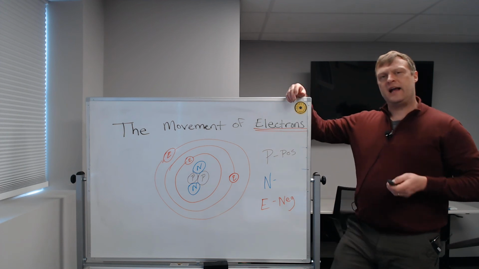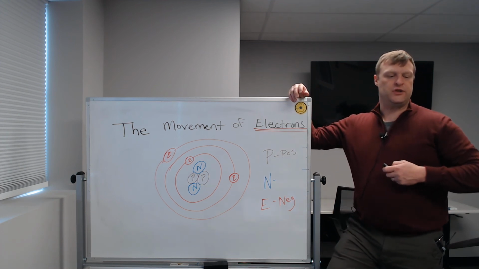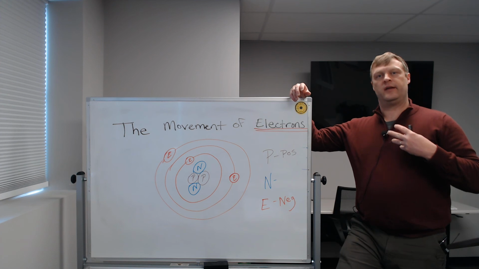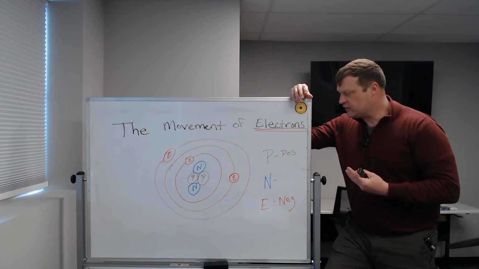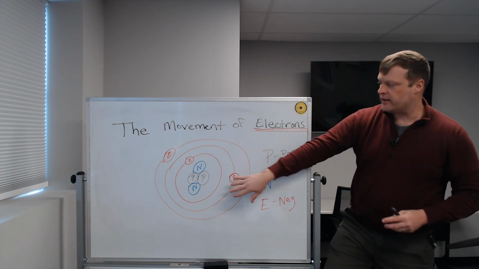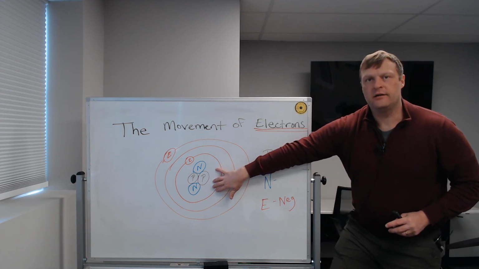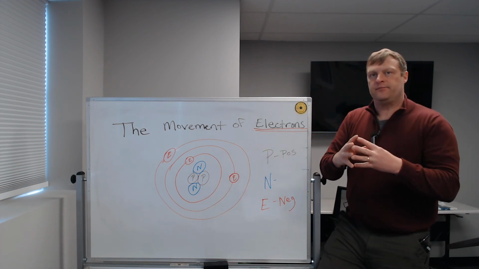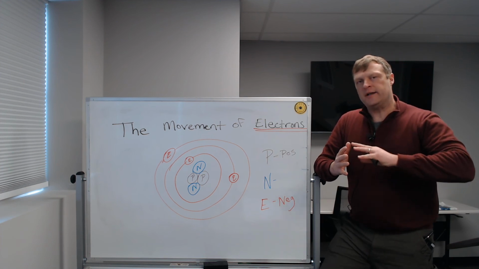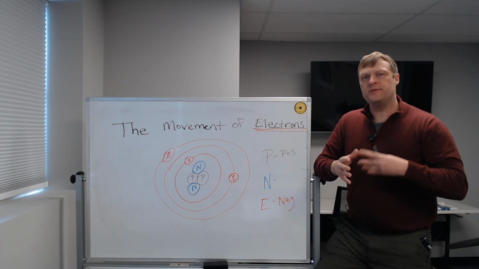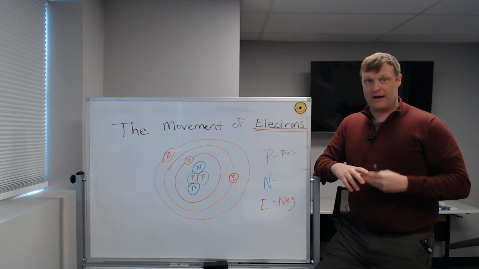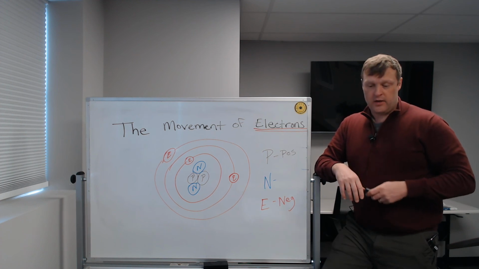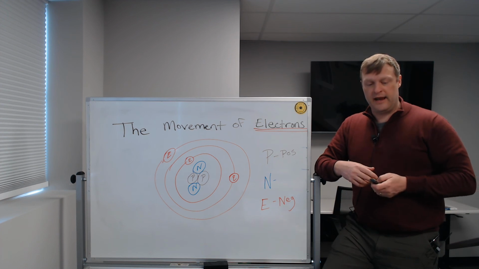And it is the electron, by the way, which actually is the active part of electricity. Protons and neutrons stay together in the nucleus. But the electrons can move between atoms, and that is what creates electricity. We're going to talk a lot more about how and why and when and what we can do to manipulate that.